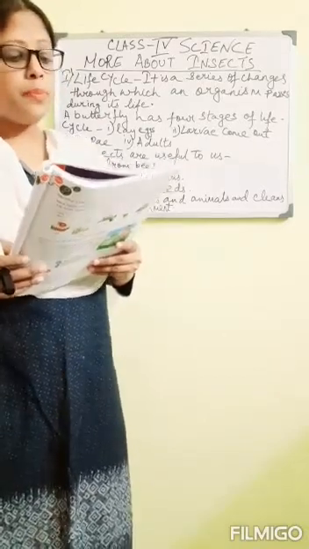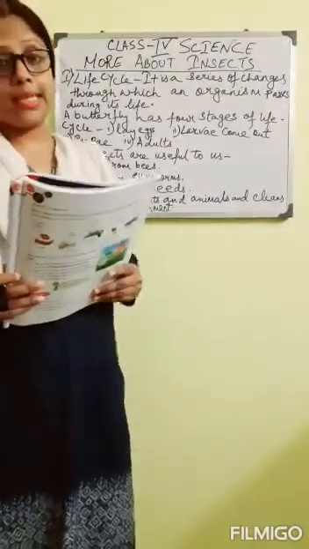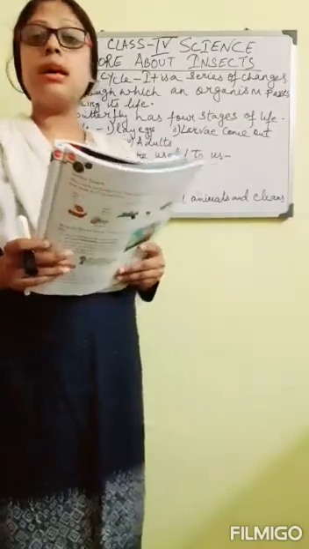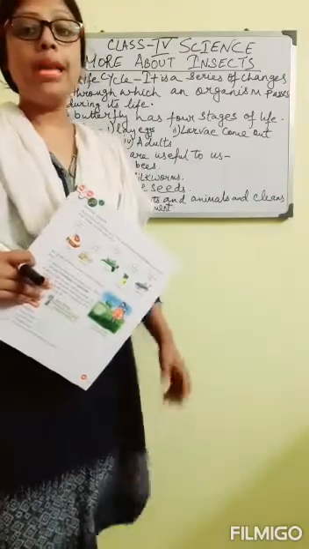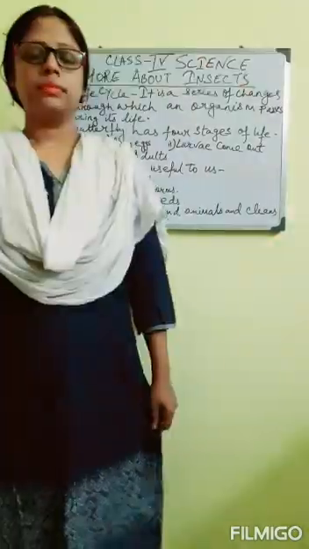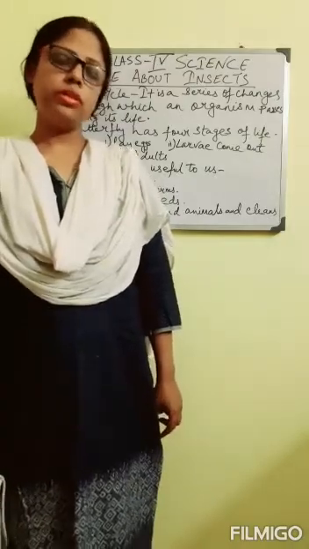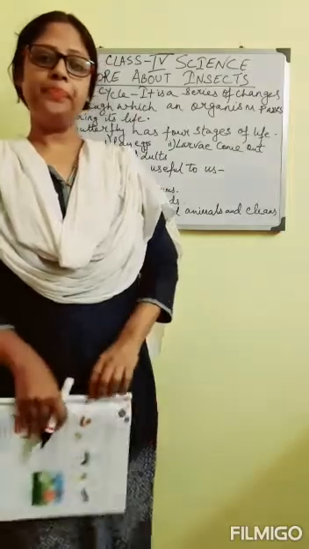The caterpillars spin a cocoon around themselves, and this stage is called the pupa stage. After some time, the butterflies come out from the pupa stage and they grow and become adults. I hope you have understood the 4 stages of life cycle of a butterfly.